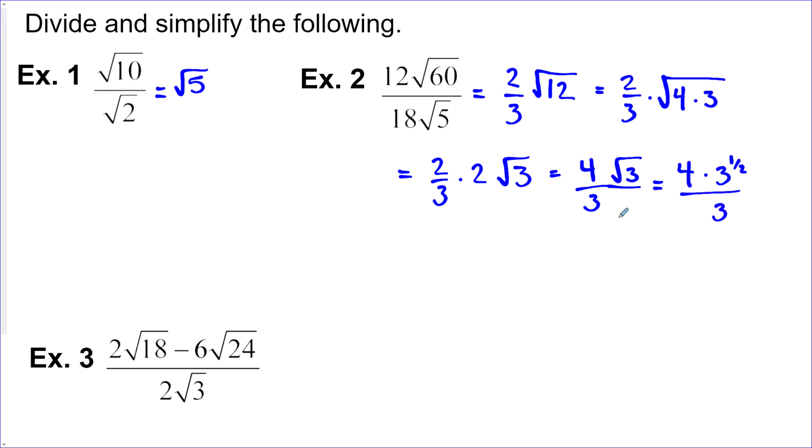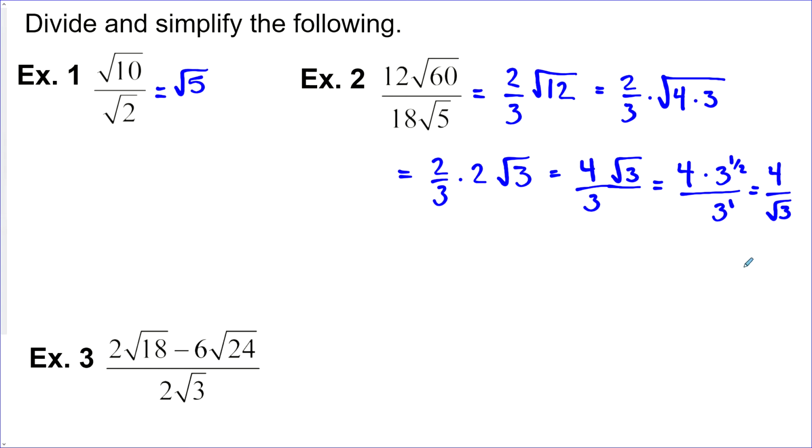And the 3 in the denominator, it has nothing with it, so by default its exponent is 1. Now I can simplify that. So I'll have 4 in the numerator, and 1/2 minus 1 is negative 1/2. Or I could say I've got 1 whole one here, I've got a 1/2 that will cancel it here, that leaves me with a 1/2 down here.